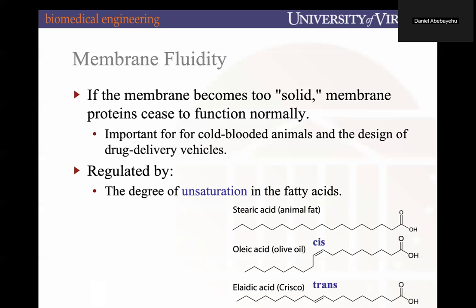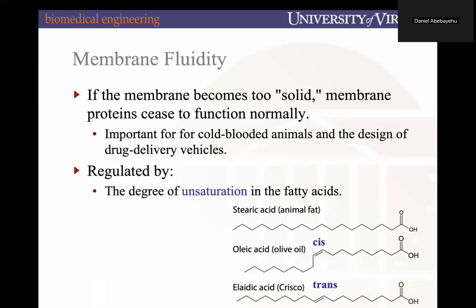So in oleic acid here, both arms of this cis double bond are pointing in the same direction, the same orientation. So that's called a cis double bond, and that introduces a kink. Whereas the trans double bond here, both arms are oriented in different directions, meaning that there's no kink introduced here. So the degree of unsaturation is not the only important thing, but rather the orientation of that double bond, whether it's in cis or trans, is of great importance to us.